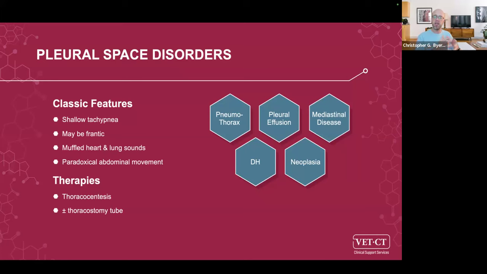The fact is the lungs are prevented from properly expanding, so oxygenation and ventilation is compromised, and they are breathing more rapidly to try and achieve the same oxygenation and ventilation goals that they would as if the lungs were able to properly expand and there was nothing in the pleural space.